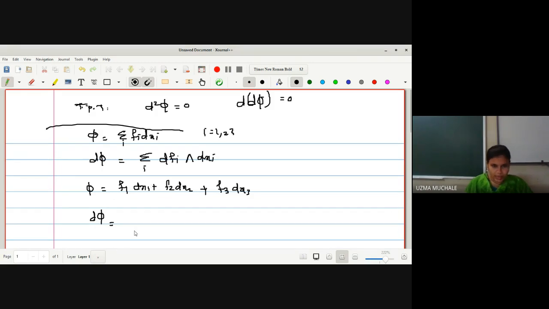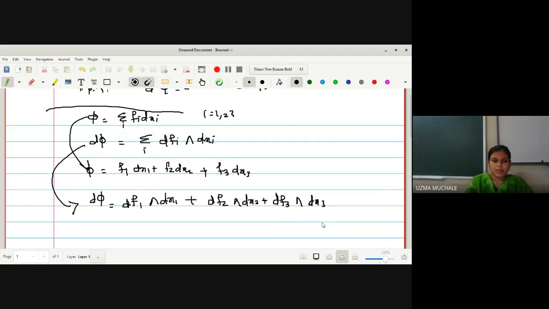Okay, so how to evaluate this one? I have to evaluate this as, because it is given to us, this is nothing but df1 wedge product with dx1 plus, what is the next term, as we are going to just evaluate this summation, df2 wedge product with dx2 plus next df3 wedge product with dx3.